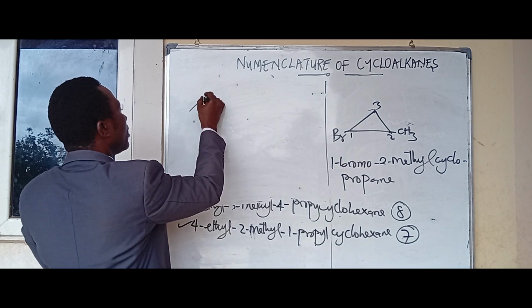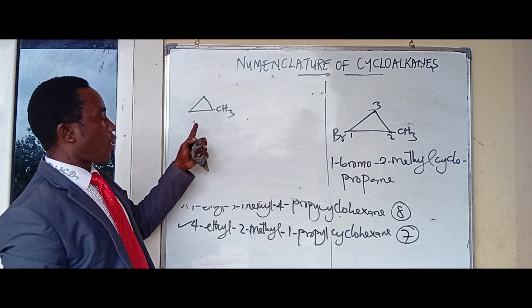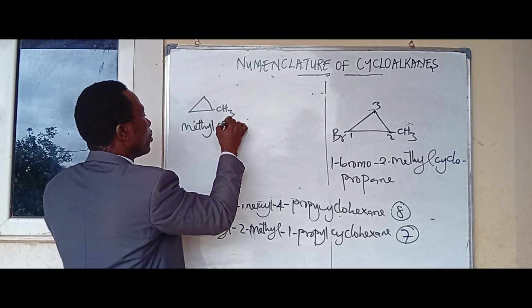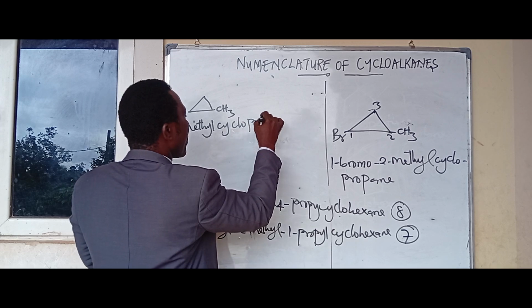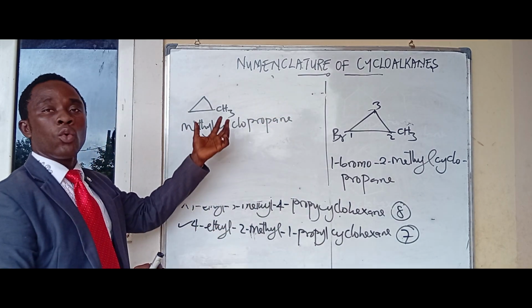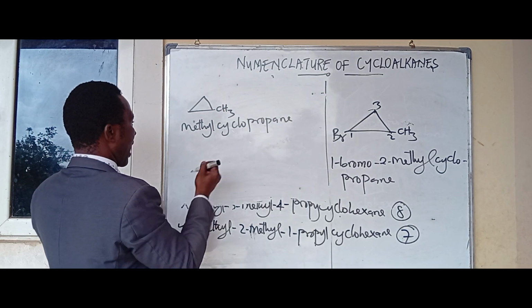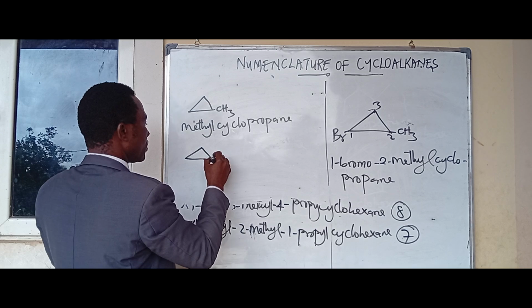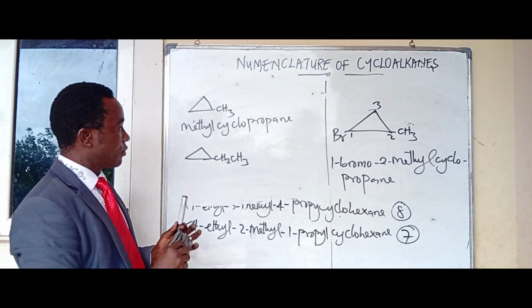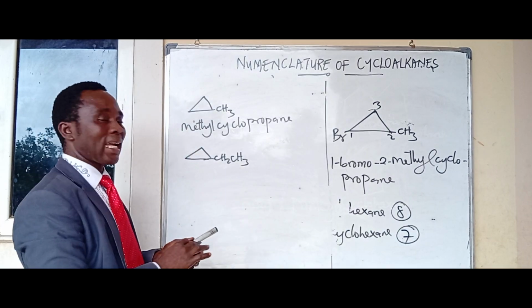If we're asked to name this compound, with CH3, the compound here is methylcyclopropane. Now, let us try to increase this open chain. Let's say we have CH2, CH3. What will be the name? The open chain is 2 carbons, and that is ethyl.